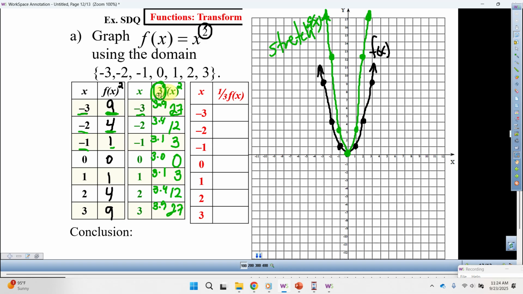If this is a 3, which is a whole number, that stretches the original f of x to give us g of x, what do you think is going to happen instead of a whole number, if it's a fraction? Talk it over with your neighbor. What do you think would happen to the original black one if it's a fraction as the parameter that multiplies? What would happen?